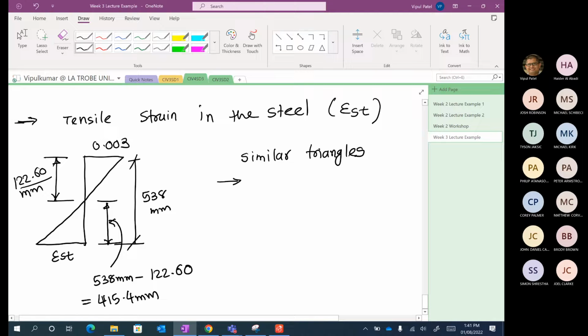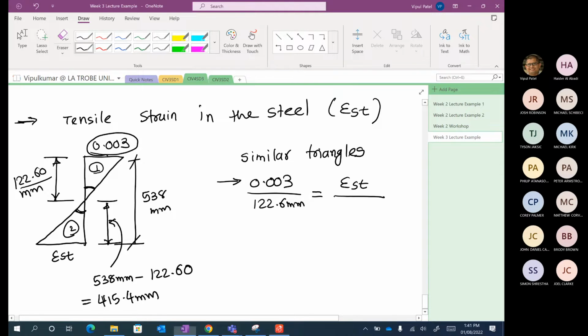What are similar triangles? Why similar triangles? Because this angle and this angle are the same. Therefore, we can use similar triangles. The horizontal distance of the first triangle over the vertical distance of the first triangle equals the horizontal distance of the second triangle over the vertical distance from here to here.